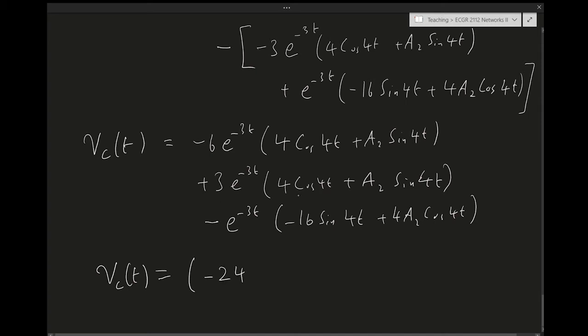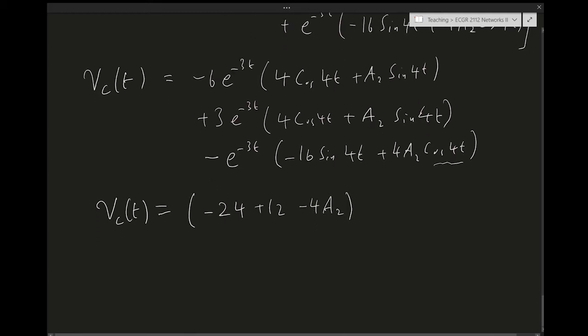And then the other cosine terms are going to be 3 times 4, which is plus 12, and then minus 16. Oh, this is not a cosine, this is a sine. This is a cosine. So minus 4A2, and then we will have e to the minus 3t cosine 4t.